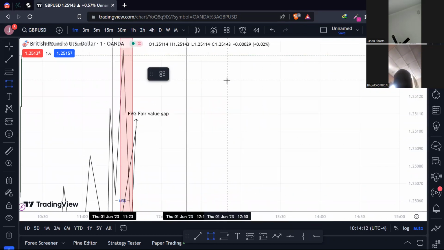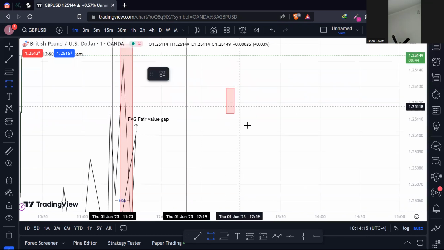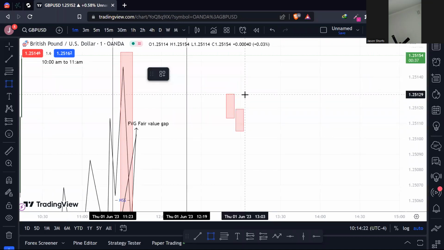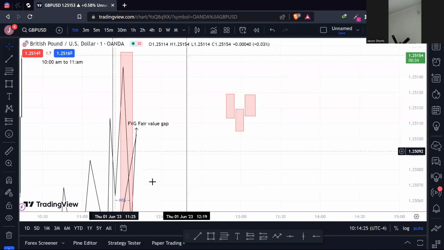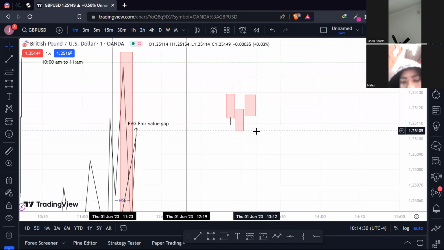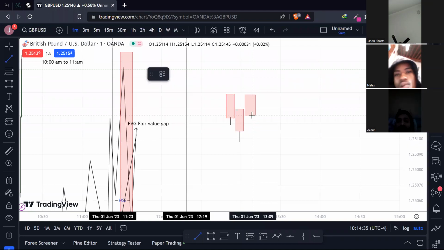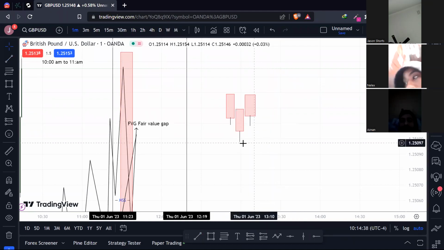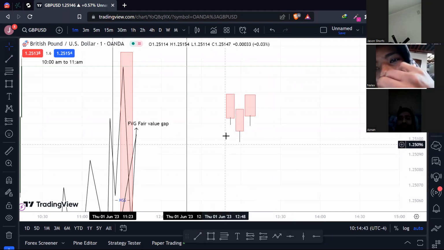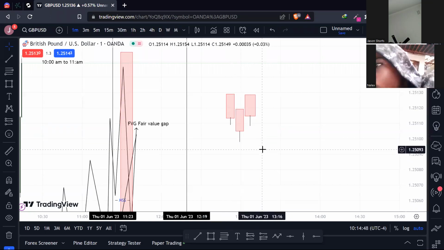So if there's a candle like this, and a candle like this, and a candle like this, and these are the wicks of the candle. This pattern is called a swing high or swing low. So this pattern is called a swing low.